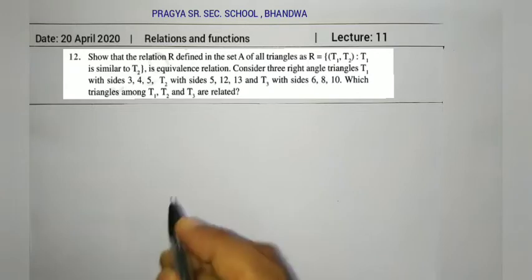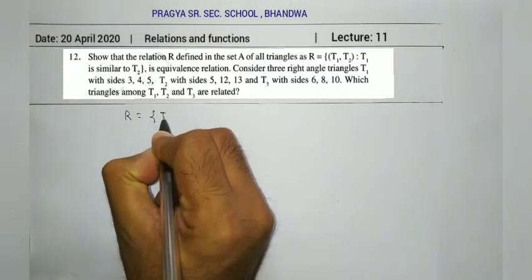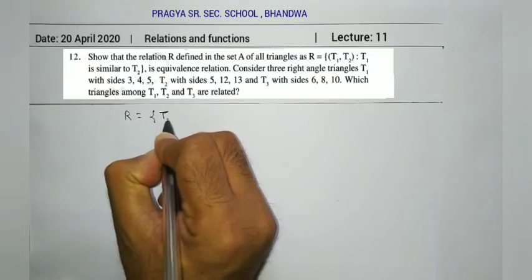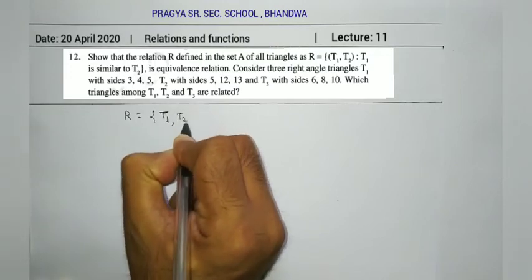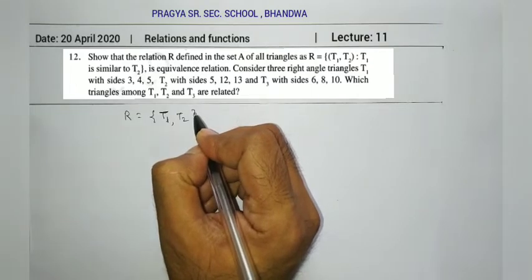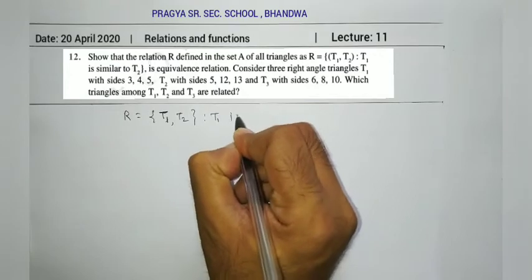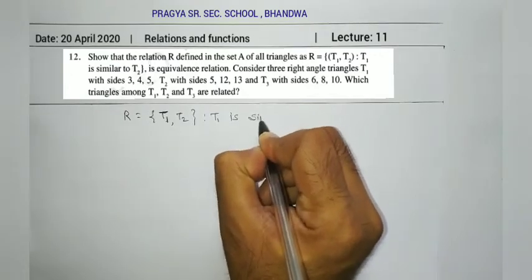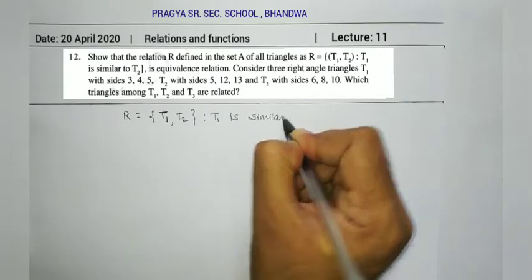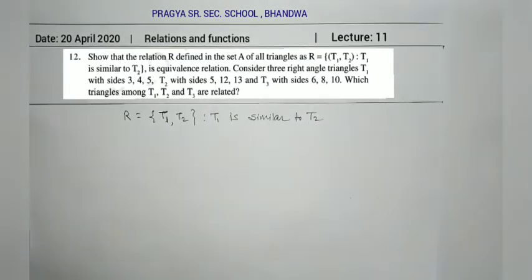So your relation is T1 comma T2, and it is given that T1 is similar to T2. We have to prove that this is an equivalence relation. How will we prove? See, any triangle is similar to itself.